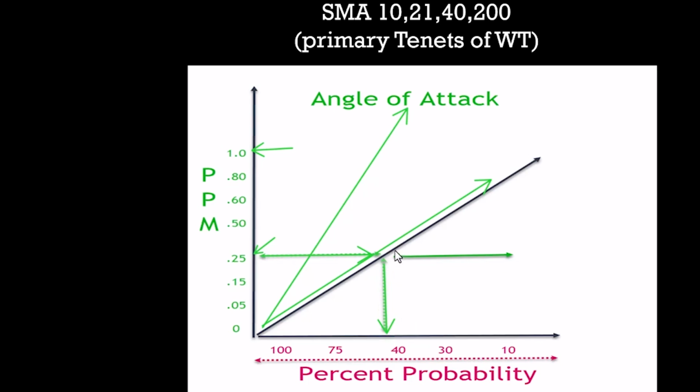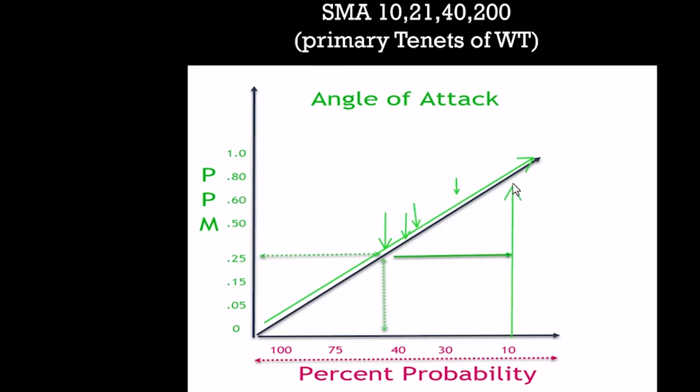The higher the PPM goes, the lower the probability that the market will be able to penetrate. So we'll say this is the 10-period moving average that we're looking at right here. And once it starts to rise at a certain level, the possibilities of the market going through here become less and less as you go up, to the point where it's above around 0.8 plus, it's less than 10%.